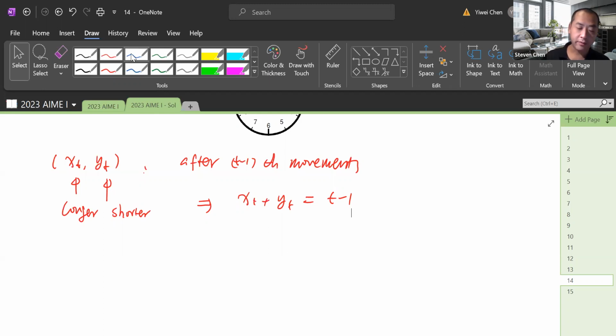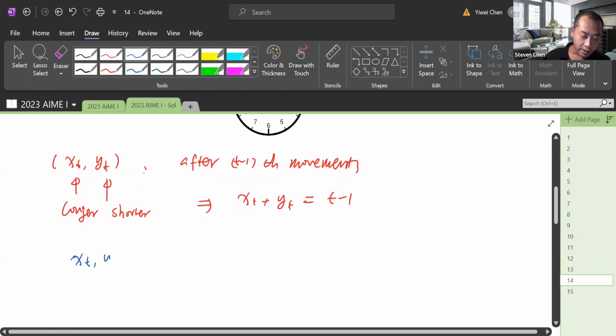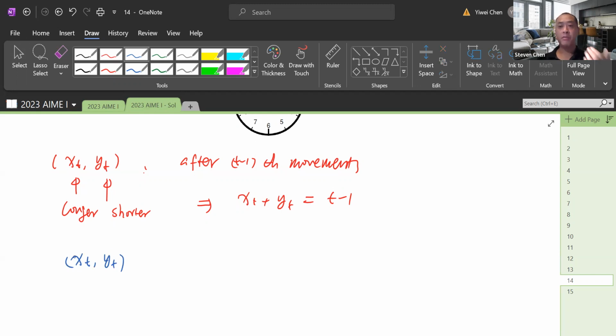So let's think about the following. Suppose there are two tuples: x_t, y_t, which denote the movements after the joint t minus 1 moves, and another tuple x_s and y_s that denote the respective movements after the joint s minus 1 movements.